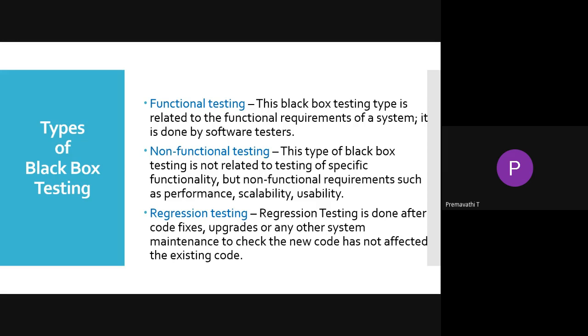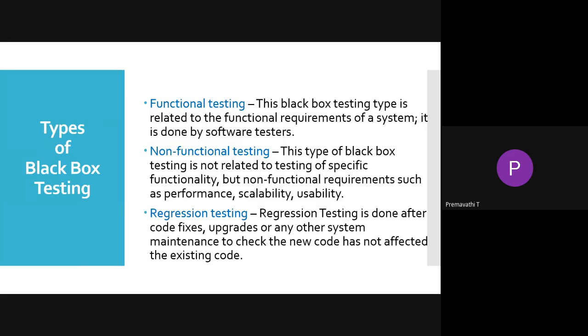So here: functional testing, non-functional testing, and regression testing. These are the main types of black box testing. We have a number of types, but we are not going for that kind of testing. Here we are only focusing on functional testing, non-functional testing, and regression testing.